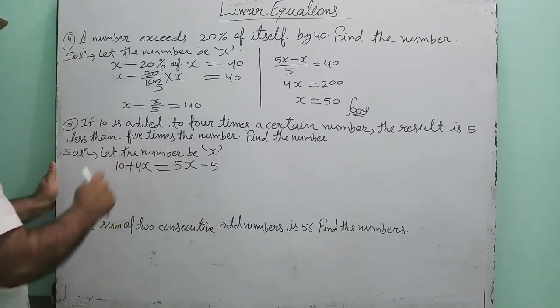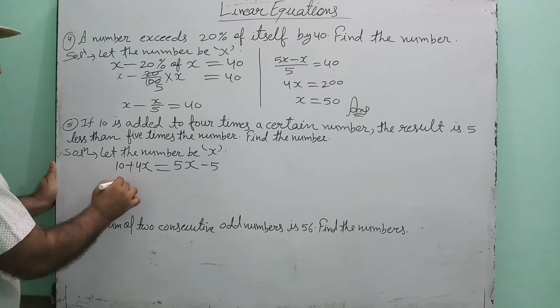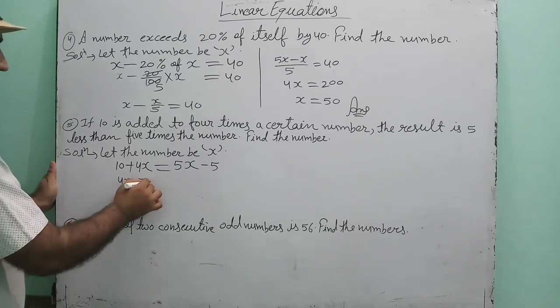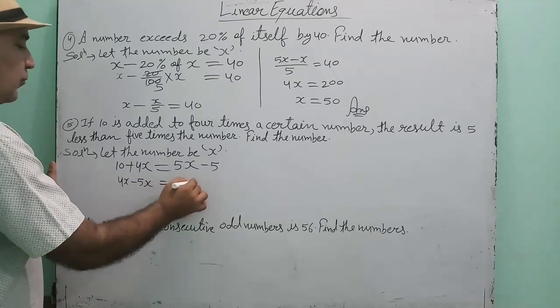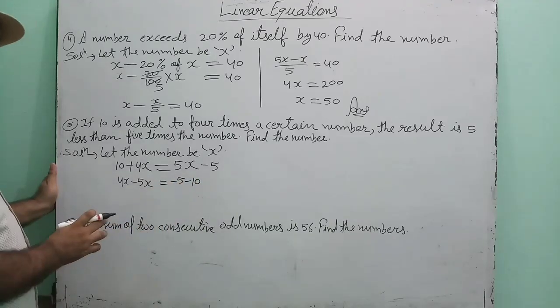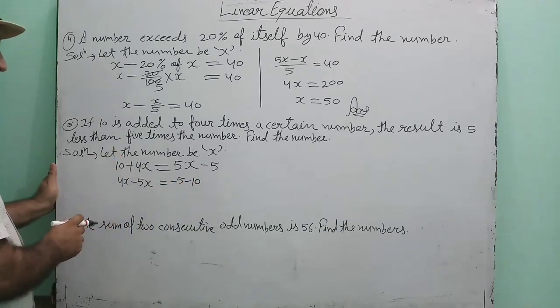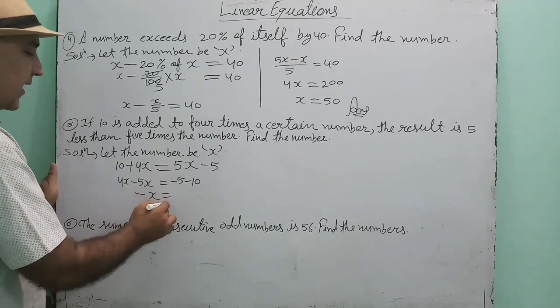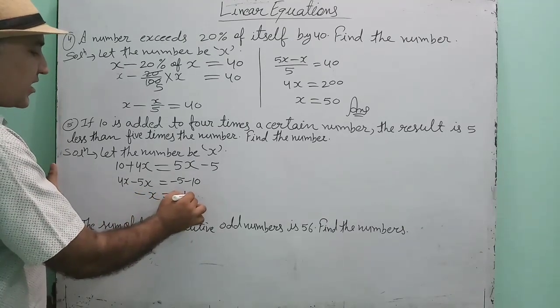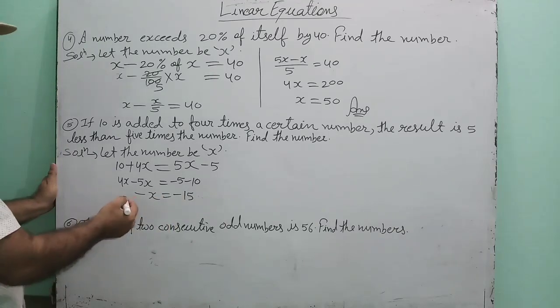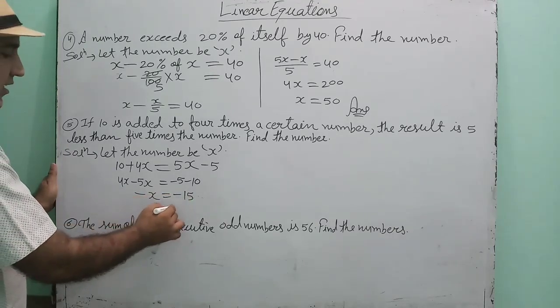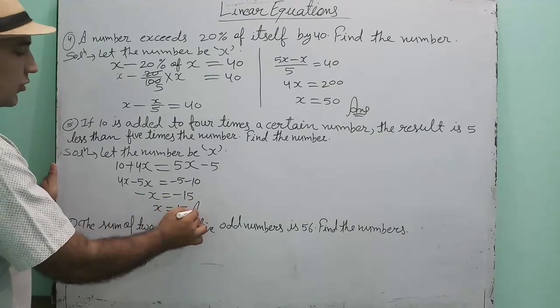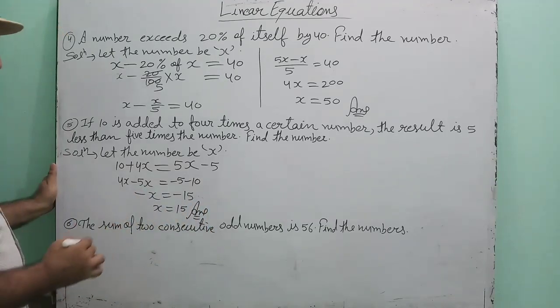Now solve this and get your answer. 4x minus 5x is equal to minus 5 minus 10. How is it coming? I hope you have understood. 4x minus 5x is minus x. Minus 5 minus 10 is minus 15. Now both the negative signs will cancel each other. x is equal to 15 will be the answer.